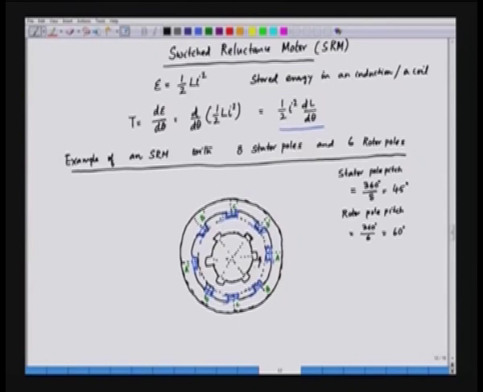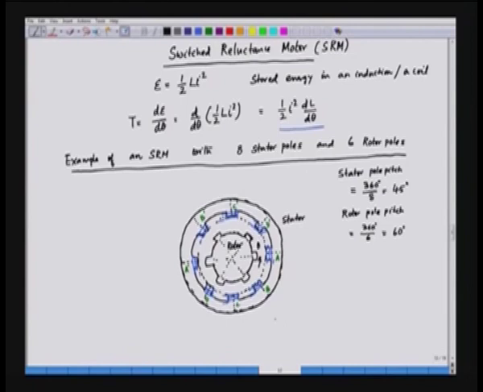If we concentrate on phase A, now phase A pole is facing the tooth of the rotor. We have the rotor here and this is the stator. So, the inductance of every phase is a function of theta. As it moves, it basically moves by an angle theta.